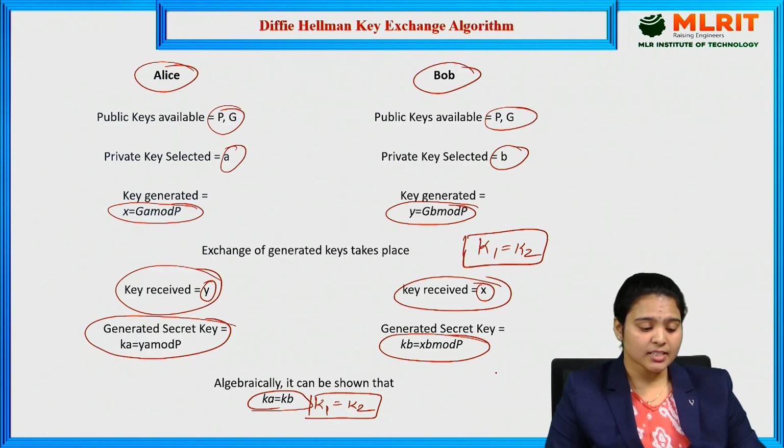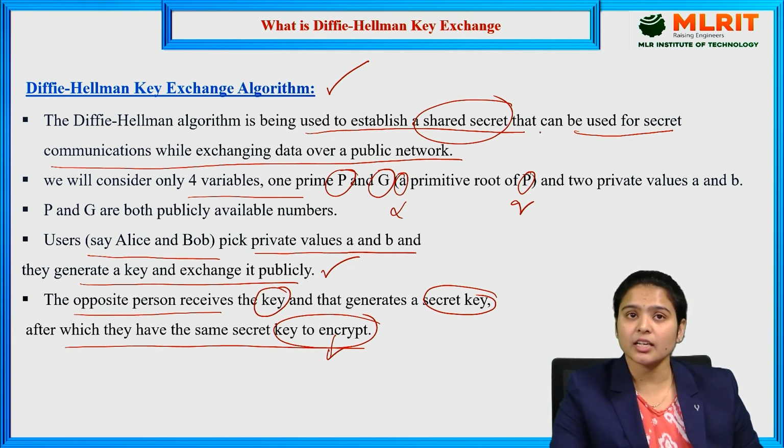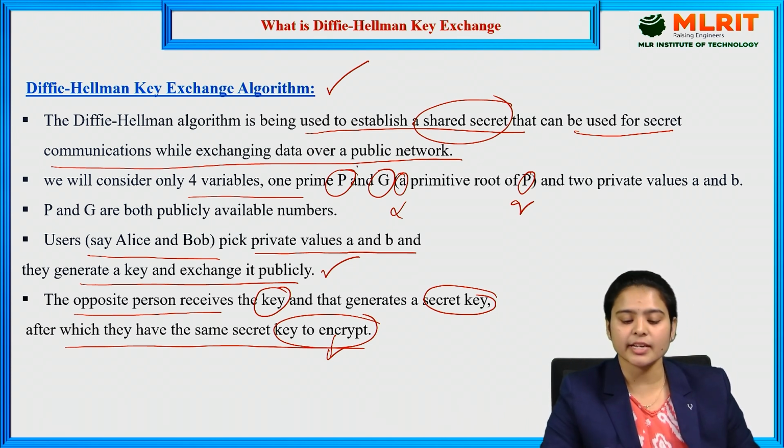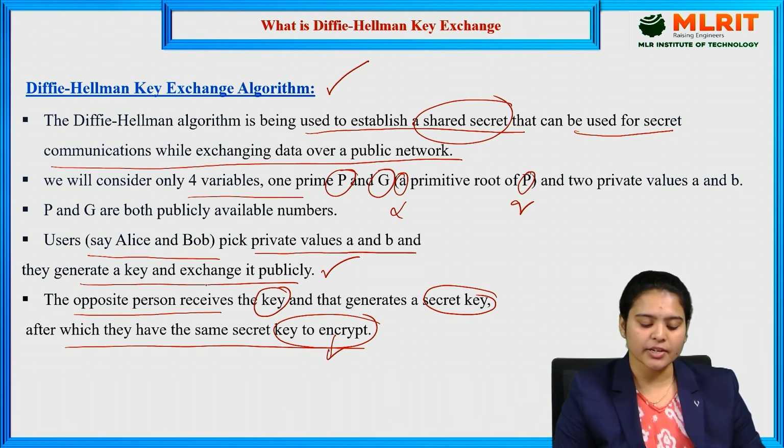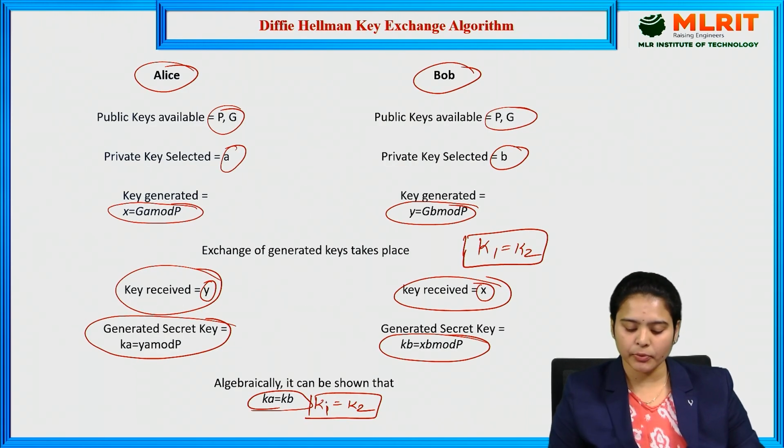It means establishing a shared key by exchanging data over a public network. We have already discussed that by using these generated keys, we exchange the keys K1 and K2. That's why we proved K1 equals K2.